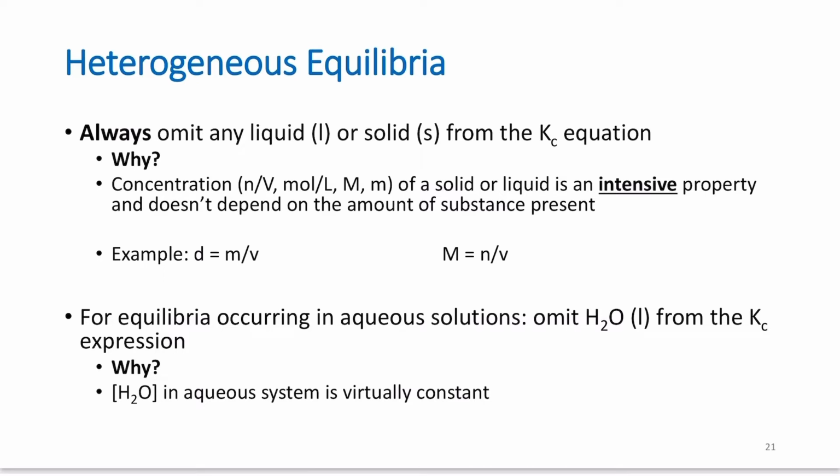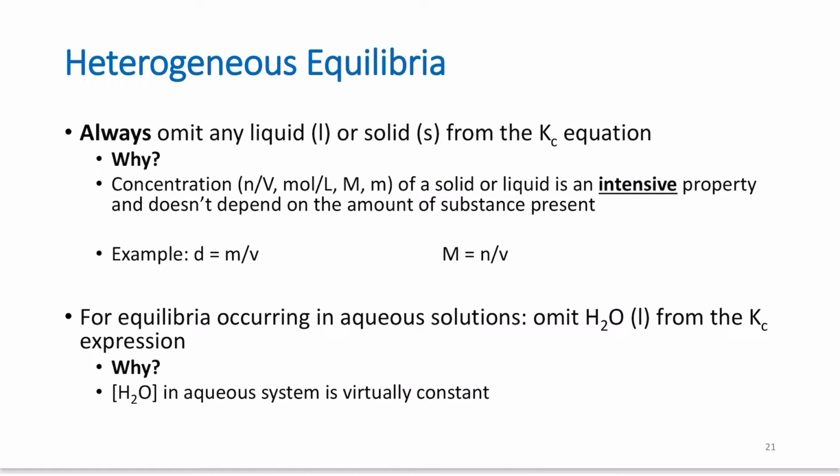But why? Well, the concentration, so moles over liters, of a solid or liquid is an intensive property, and it doesn't actually depend on the amount of substance present. If I have fewer moles of something, it's going to take up less volume. So while we're looking at concentration for the K expression, remember that it's not changing.